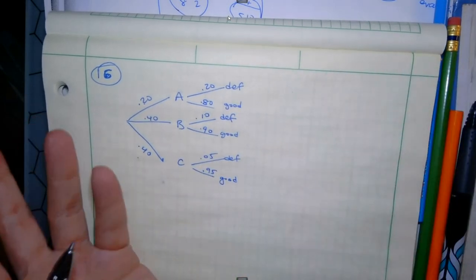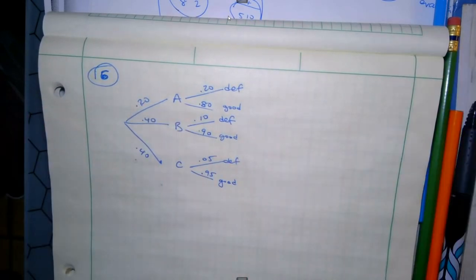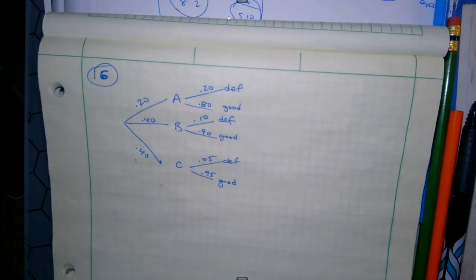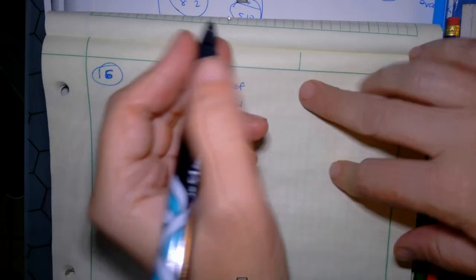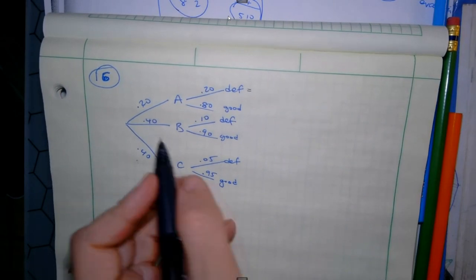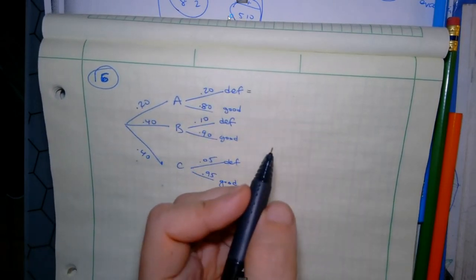And if the question is not asking about the good ones, I get it, but this is not a complete sample space. It's everything that could possibly happen. Okay, so first question is asking us to find the chance of a defective microcomputer. So I am actually going to have to fill in this tree anyway to finish that. So to finish this, I am going to multiply along each branch.